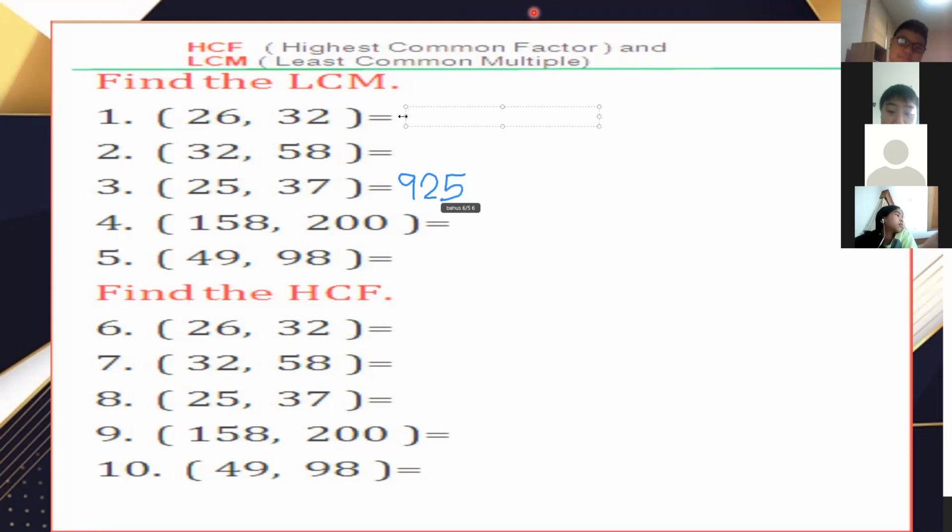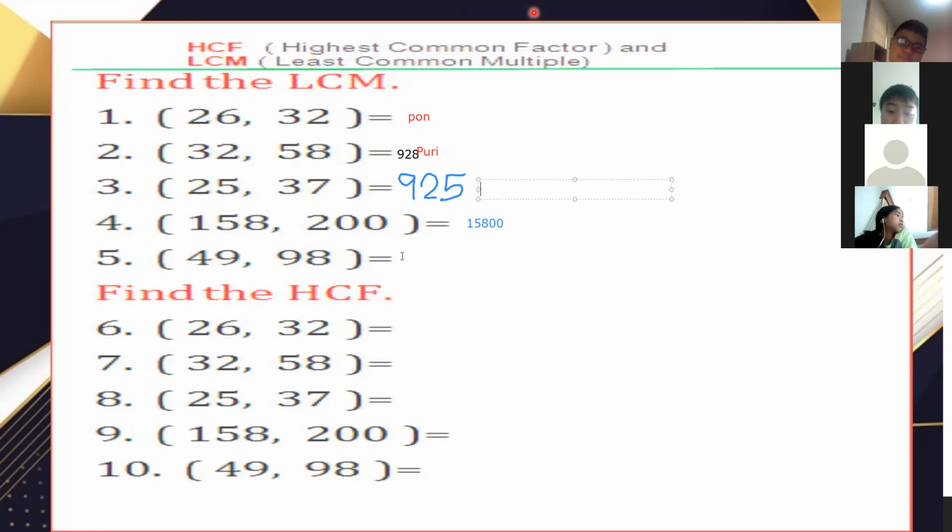Number 2 is puri. Is this puri? It is correct.